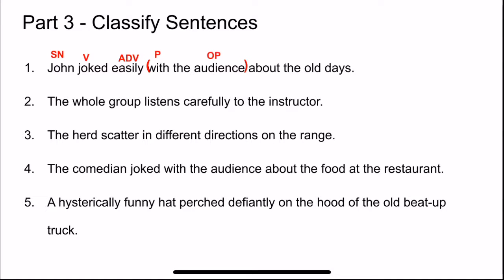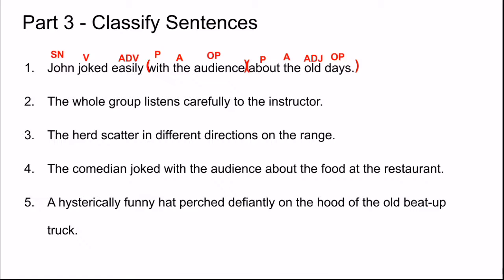Audience, object of the preposition. The article, adjective. About the old days, about, preposition. About what? Days, object of the preposition. What kind of days? Old, adjective. The article, adjective.